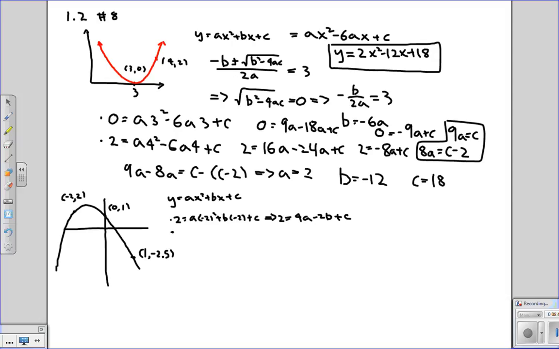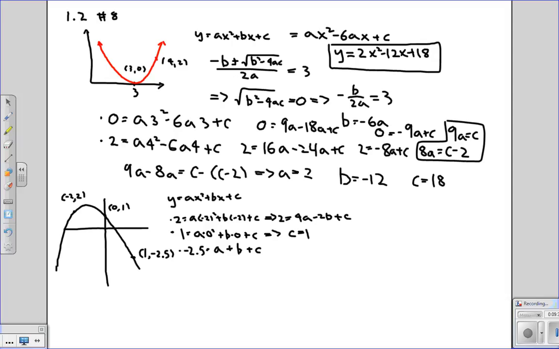The second equation, (0, 1). This means that 1 is equal to a times 0 squared plus b times 0 plus c. This is a very useful equation because this immediately tells us what c is. c is just equal to 1. And then finally, negative 2.5 is equal to a times 1 squared, so that's just a, plus b times 1, so that's just b, plus c.